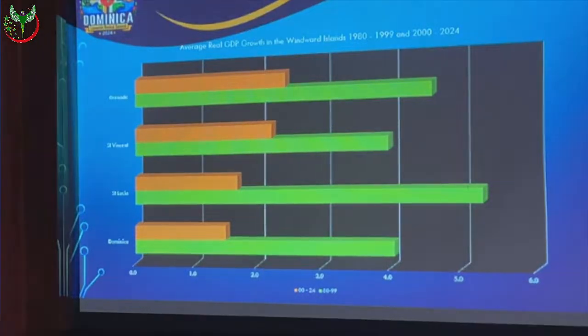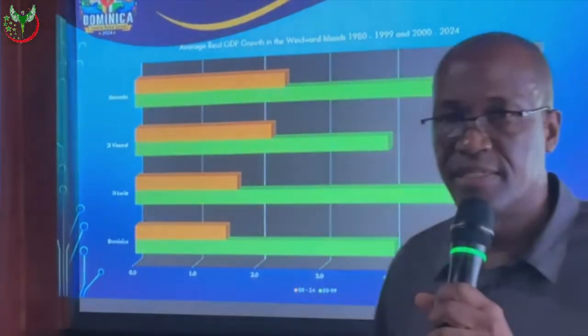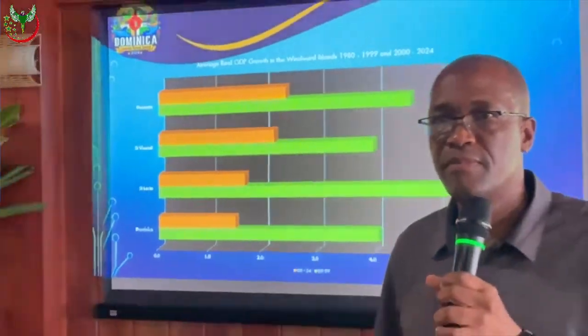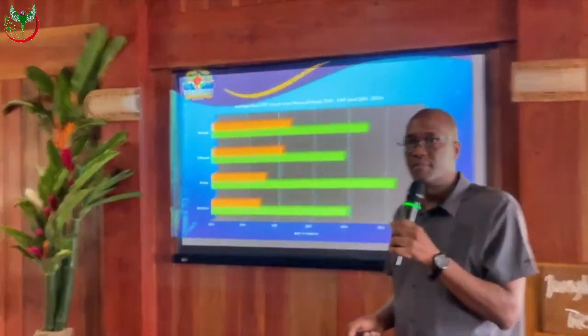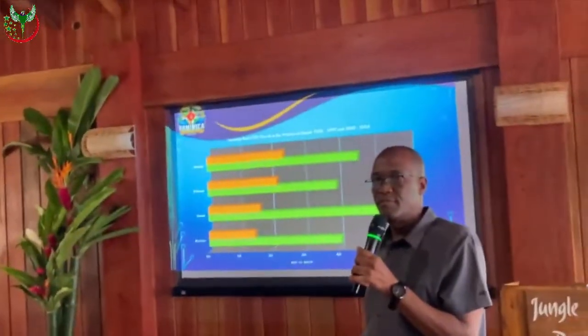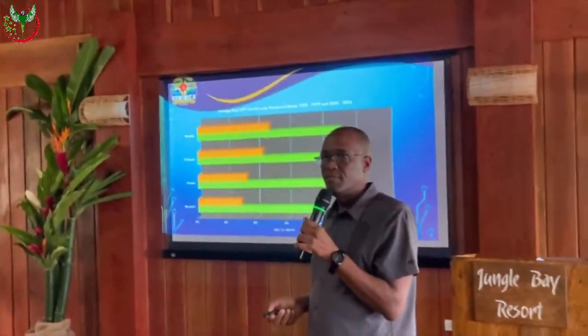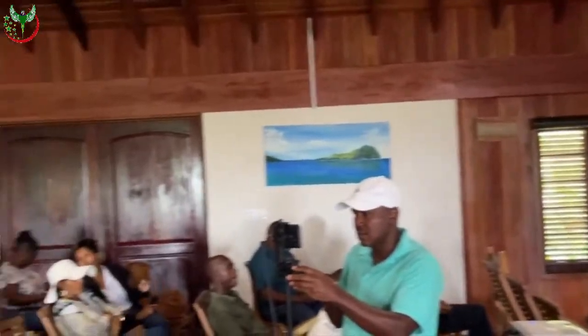Question now? Yes, sure. We can take questions as we go along. The point is very interesting. Between 2000 and 2024, there's been a significant downturn in the economy of the United Islands. You did not state what is likely to be responsible for that, but would you say?